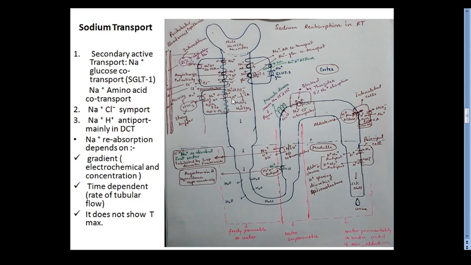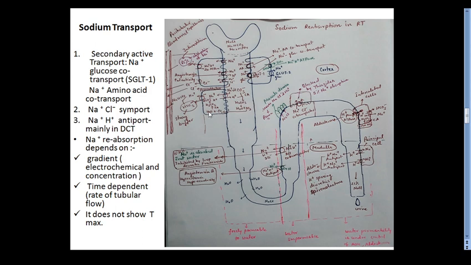So this hydrogen ion, which is secreted out in exchange for sodium ion, gets combined with the bicarbonate ion. There is a formation of carbonic acid, which is a very highly unstable compound, so it gets dissociated into water and carbon dioxide, and this carbon dioxide is again reabsorbed into the renal tubular cell.